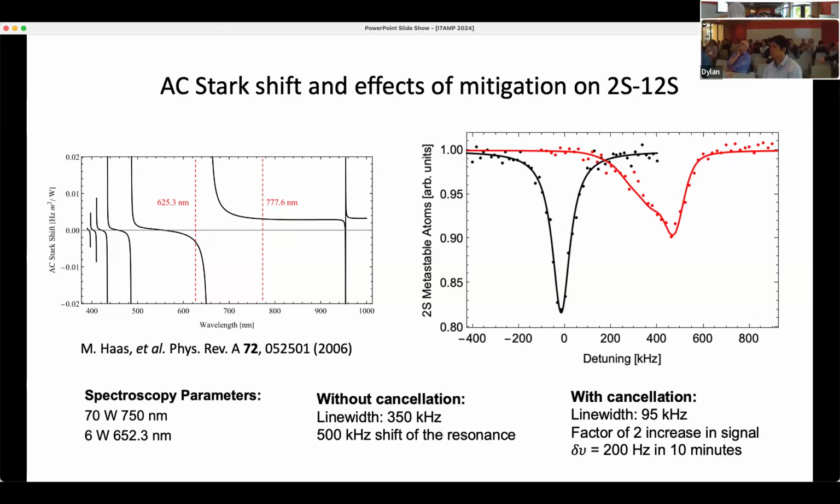But at least for myself, where we were always wishing that we had narrower lines to measure, we were really excited to see this. It produces a big increase in the statistics that we can get, and it makes it much easier to determine these line centers with the narrower line.